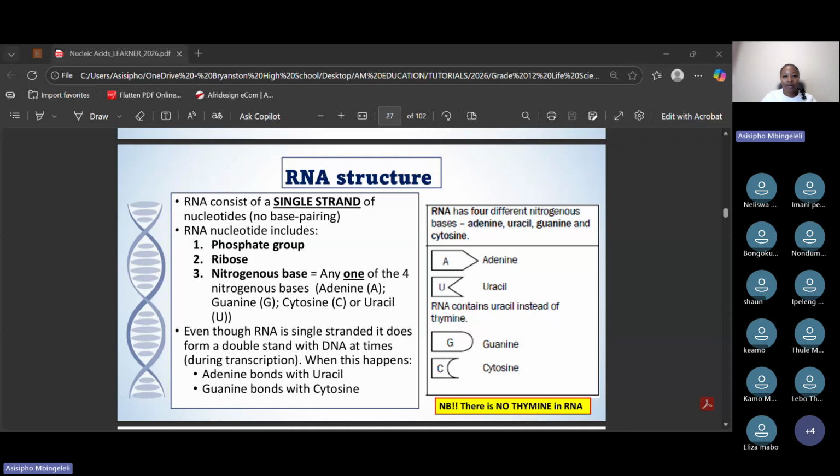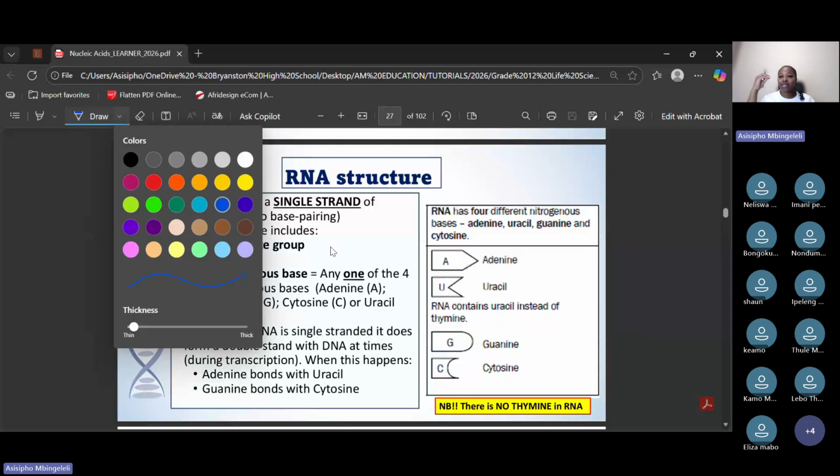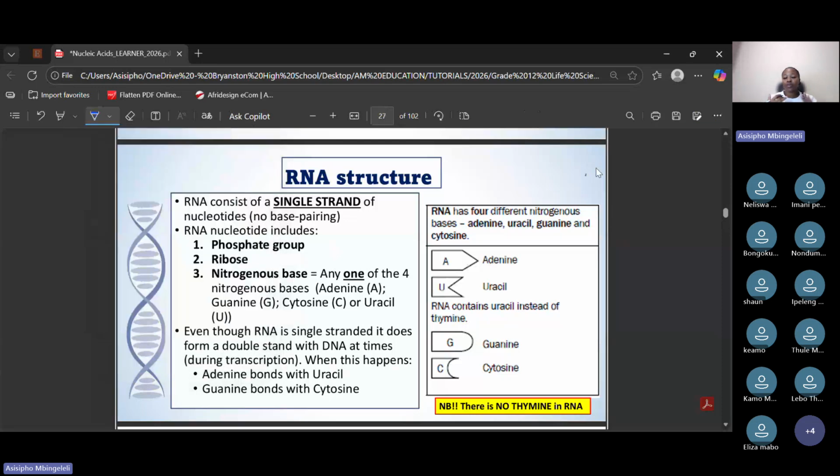Okay, so we covered DNA and RNA in last week's intro lesson, and that was a very important part of our introduction because that's what our topic is about. We covered a lot about DNA. We spoke about DNA being a double-stranded molecule with a double helix shape.